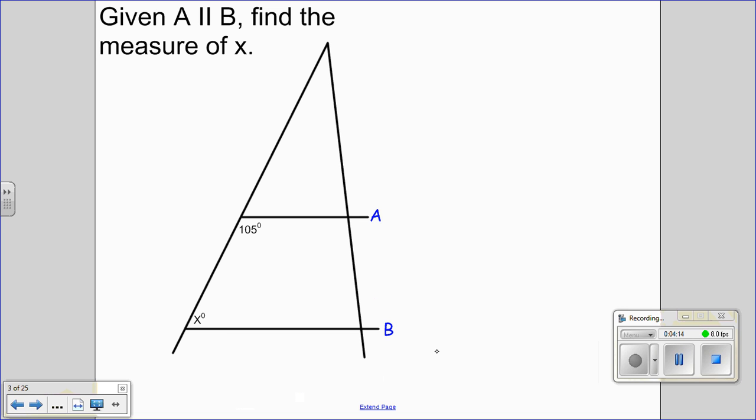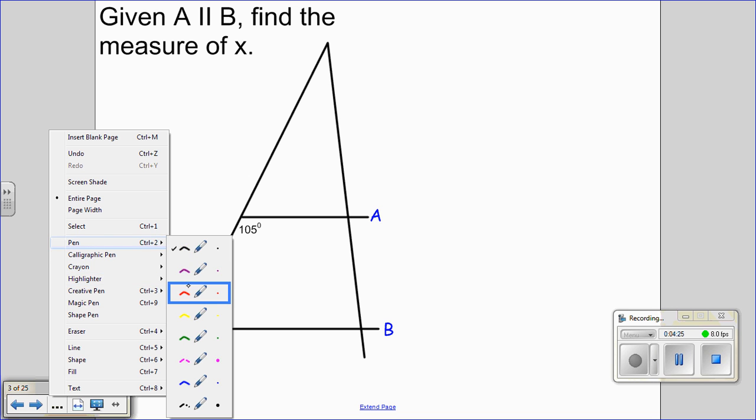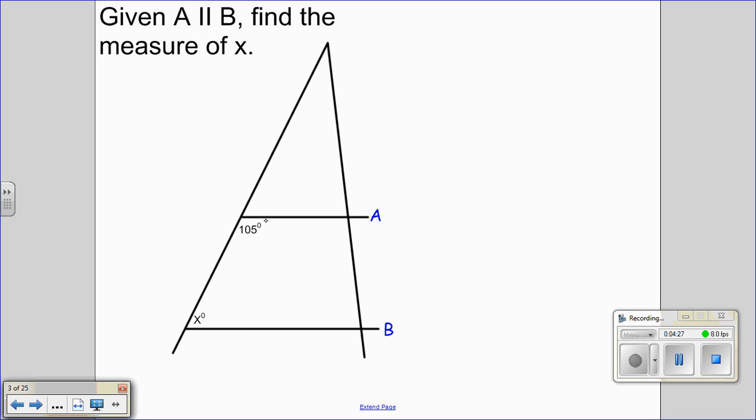On this one, it tells us that A is parallel with B. And if we look at it, both 105 and x are interior angles, and they're on the same side of this transversal right here. So whenever you're on same side inside, you are a pair of consecutive angles.